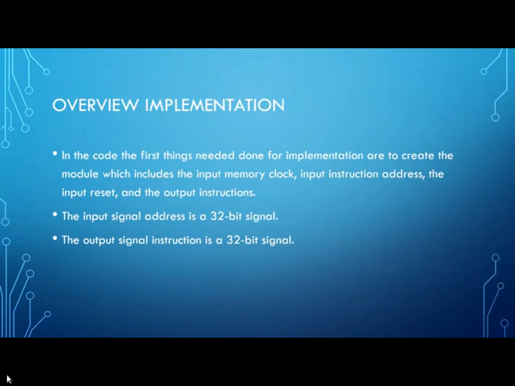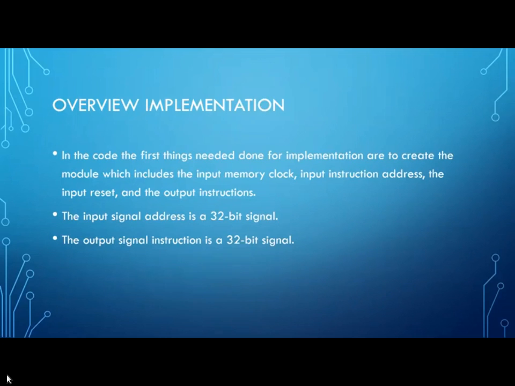My overview of implementation: I did a lot of research on trying to figure out how to implement it. I wasn't very successful, but from what I gathered, the first thing you need to do is create your module, which includes the input memory clock, the input instruction address, the reset, and the output instruction.